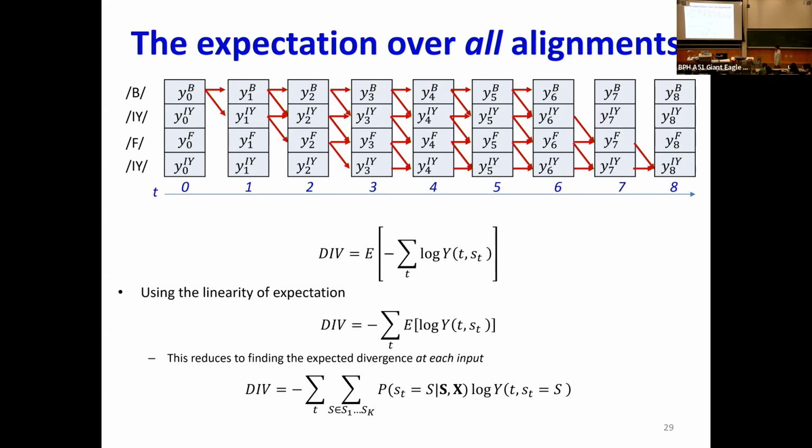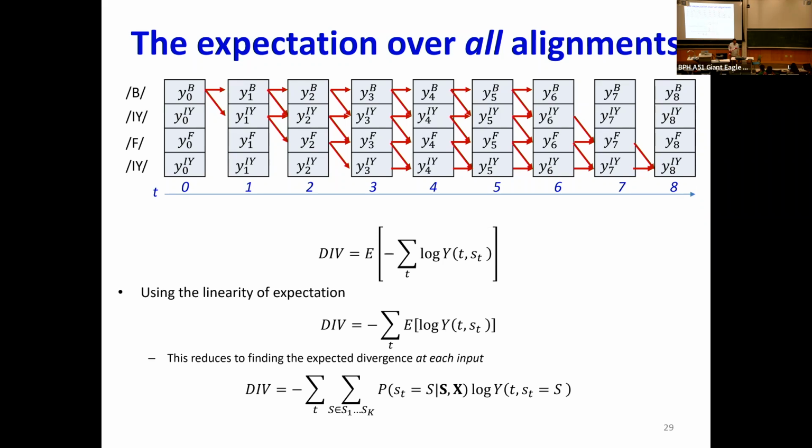This is where we actually look into the formula for the loss for any given alignment itself. The formula for the loss for any given alignment is the negative of the sum over time of the log probabilities assigned to every single symbol in the alignment, right?